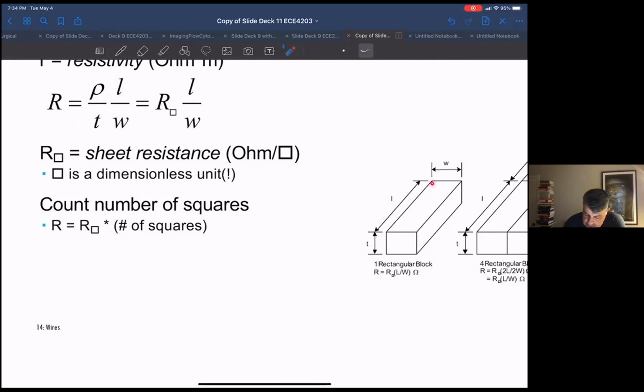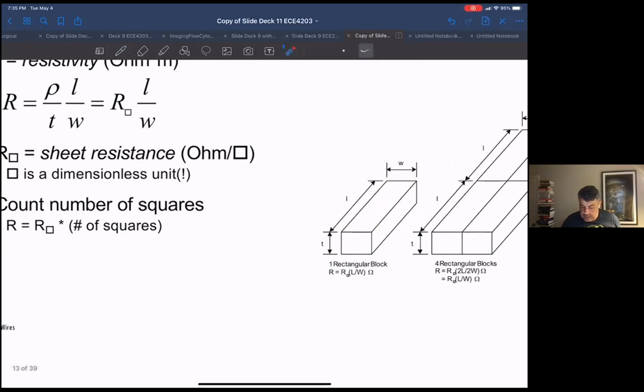If you're looking at the resistance from here to here, the longer it is, the higher the resistance. Then you have this cross section, and the bigger the cross section is, the lower the resistance. So you have the thickness times the width. L makes the resistance go bigger, while the cross section area, thickness times width, reduces the resistance. And you have to multiply it by this resistivity, which is a function of the actual metal you're using.